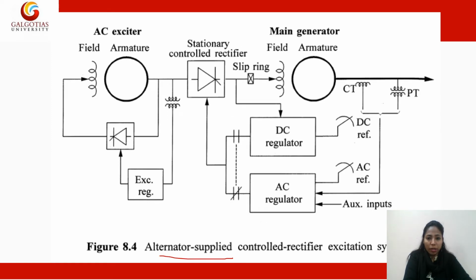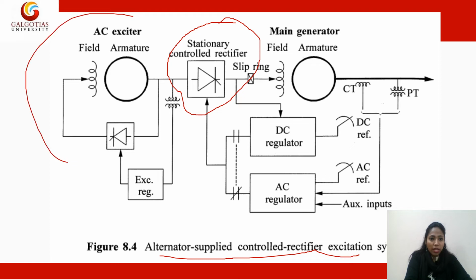Next, the alternator supplied controlled rectifier excitation system. Here the stationary controlled rectifiers are used to control the DC output voltage, which is given to the field winding of the main synchronous machine through slip rings.